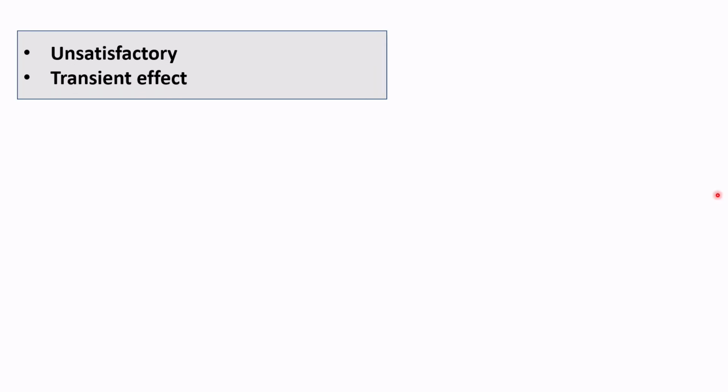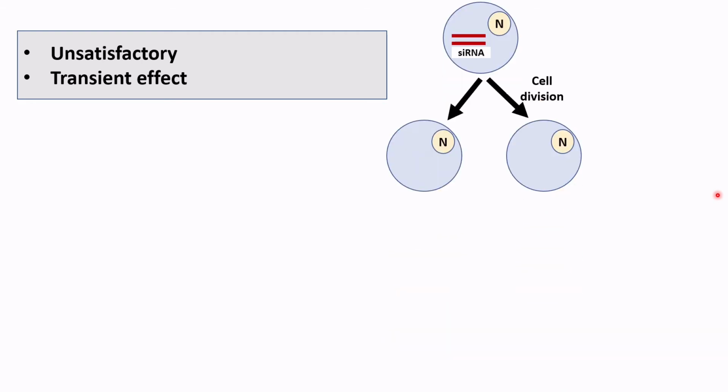Actually, gene silencing by siRNA is often unsatisfactory, as the effect is transient, especially in rapidly dividing cells. Because siRNA enters the cytoplasm of a cell and works there. Now, when the cell divides into two, siRNA will not pass on to the progeny cells.